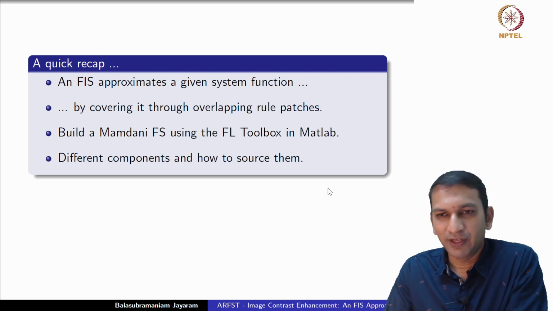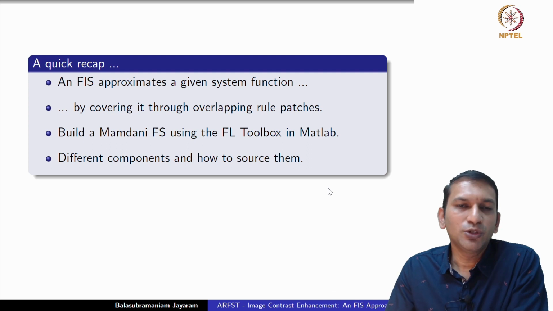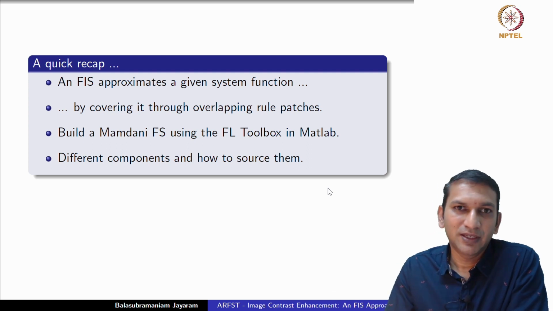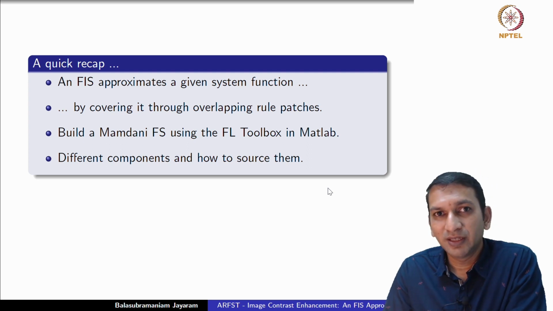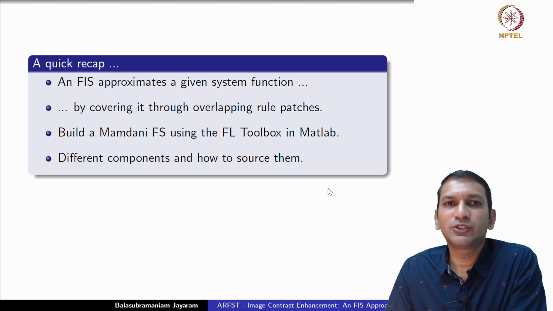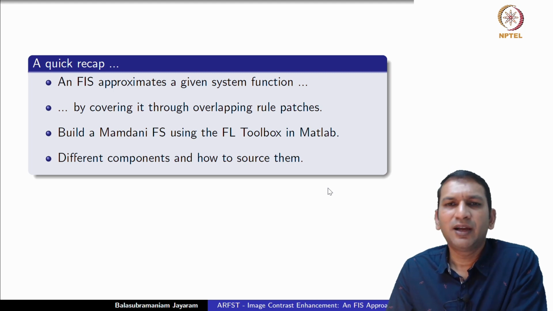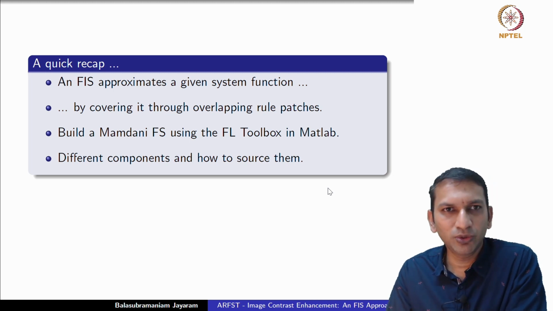Along the way, we have seen a practical, procedural way of how to pick the most important components to build the fuzzy inference system, essentially identifying the input and output domains, building the fuzzy covers on these two domains and relating them as antecedents and consequents to make the rule base, and finally choosing appropriate operators for the inference mechanism itself. This is what we have seen in the last two lectures.